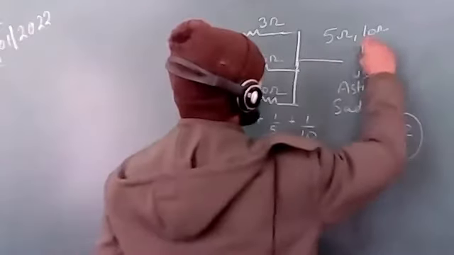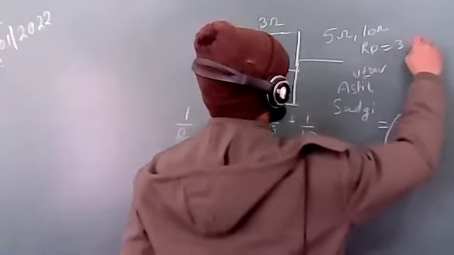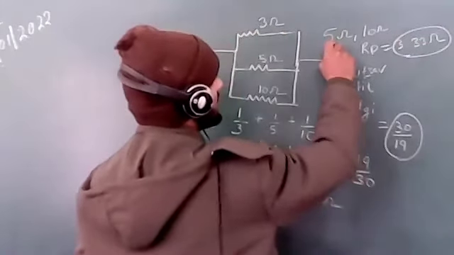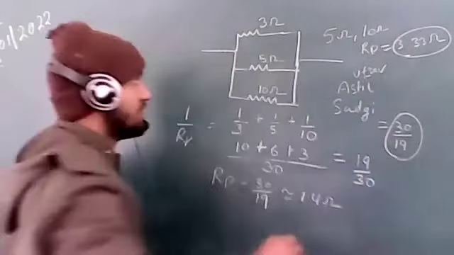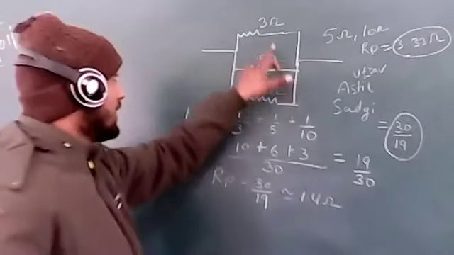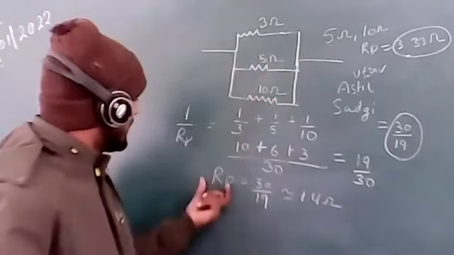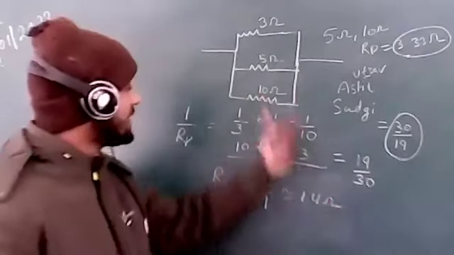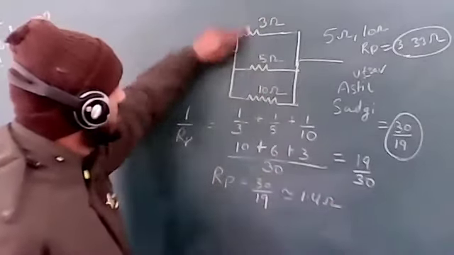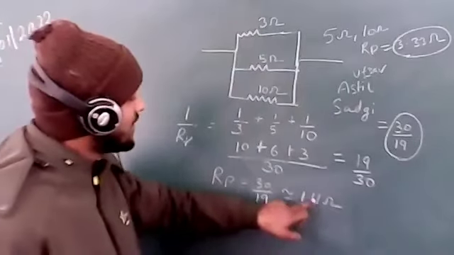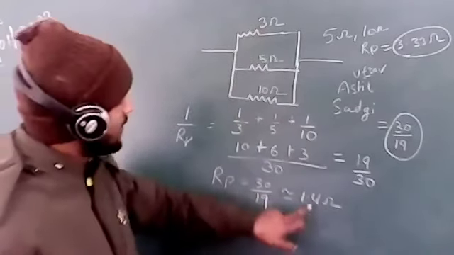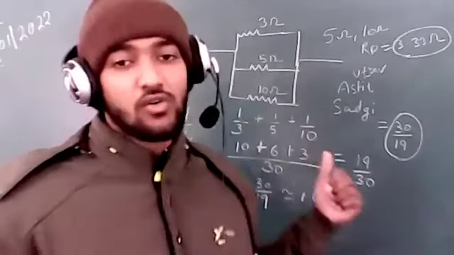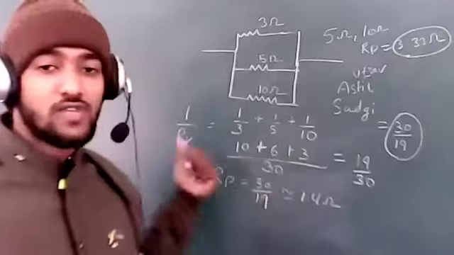Their equivalent resistance comes to 3.33, which is less than the smallest individual resistor. Here, with 3, 5, 10, the equivalent is 1.4 ohm. That means it is less than the smallest of all three. Okay, so this is the conclusion for the parallel combination of resistors.